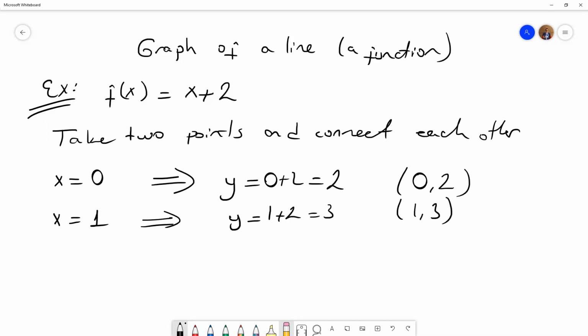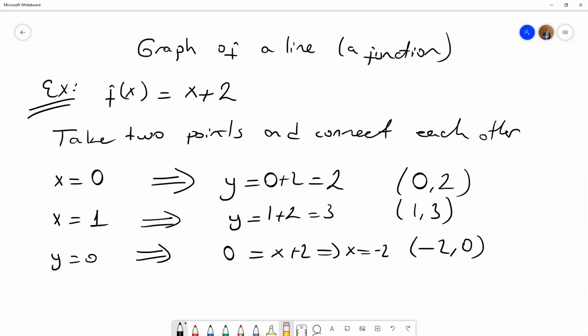And you may also give 0 to y, and if you give this one, you could find x plus 2, and x is equal to minus 2, and that is minus 2 comma 0, ordinate is 0 and abscissa is minus 2.